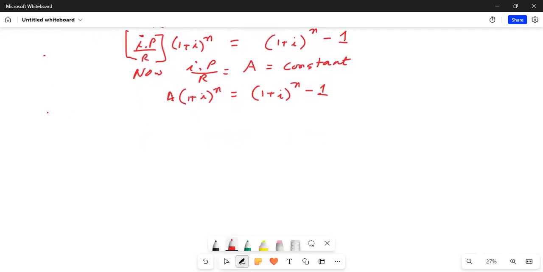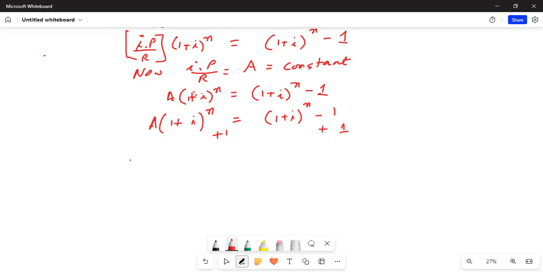So this will be A times (1 plus I) to the power of n, is equal to (1 plus I) to the power of n minus 1. I will add plus 1 on this side, plus 1 on this side, so this and this will cancel.